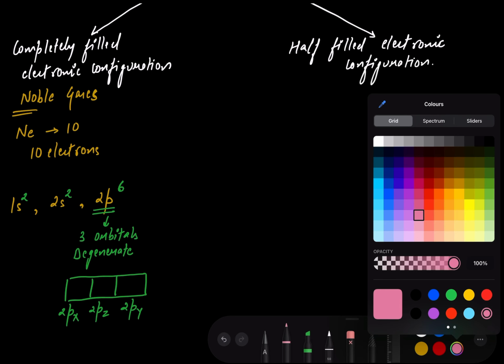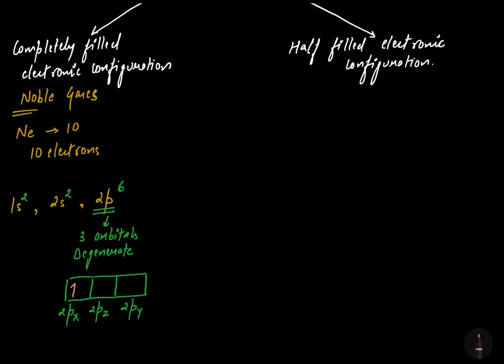After that the pairing will start. So I got the first electron in 2px, the second one in 2pz, and the third one in 2py. So we got the 3 electrons, but we have to fill 6. Now the fourth electron will again go in the 2px, but with the opposite spin. Now the fifth electron in 2pz, and the sixth electron in 2py.